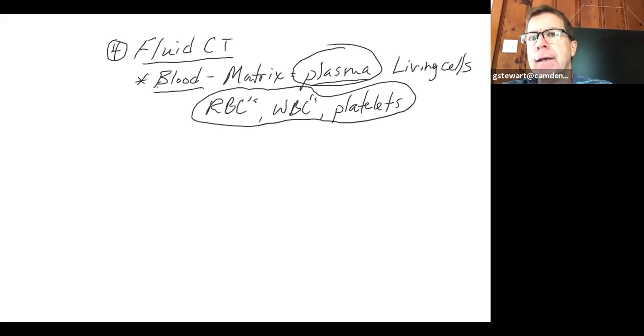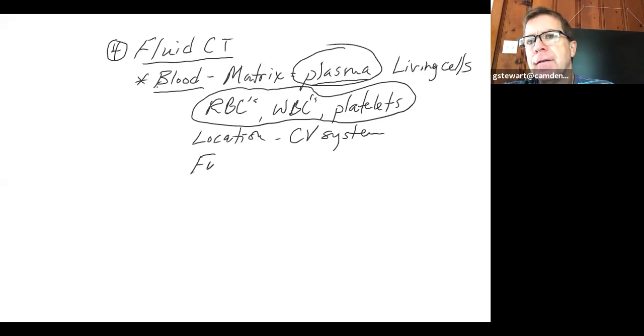So the constituents of blood are basically this fluid, non-living matrix, and these living cells that are suspended in that fluid. Location of this, you know, is the cardiovascular system. So anywhere that the vessels go, blood is found. So it's found in arteries, veins, and capillaries, and the heart as well.